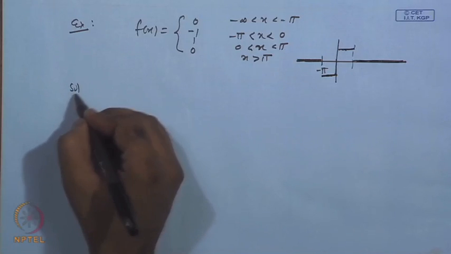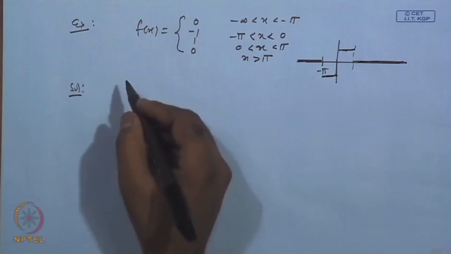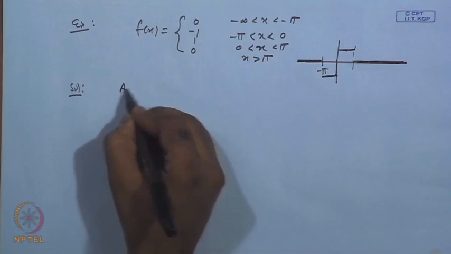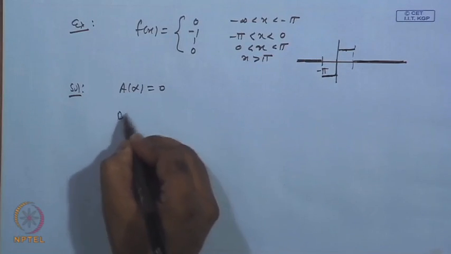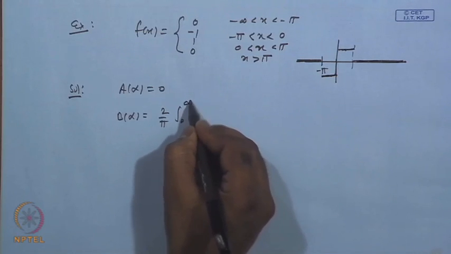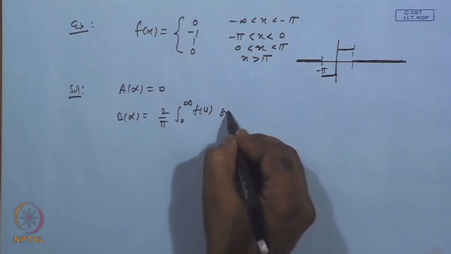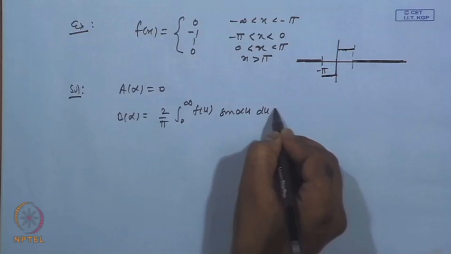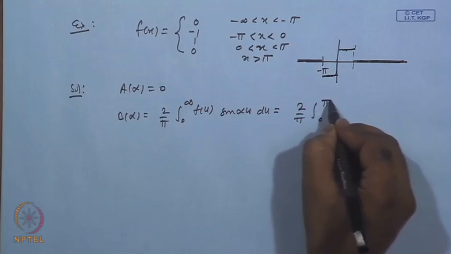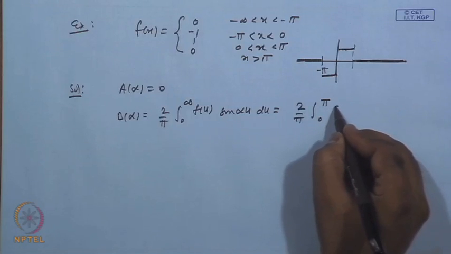So, solution. We want to have this Fourier integral representation, and so a(alpha) will be 0 and then b(alpha) is 2 over pi, 0 to infinity f(u) sin alpha u du, and this is 2 over pi, we have 0 to pi simply, and its value is 1 for f.